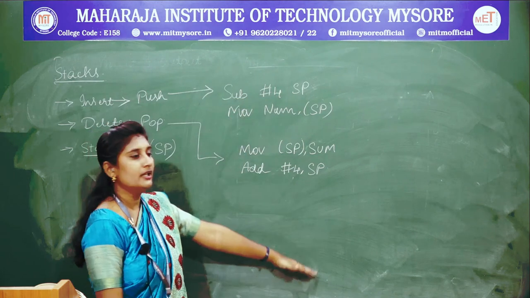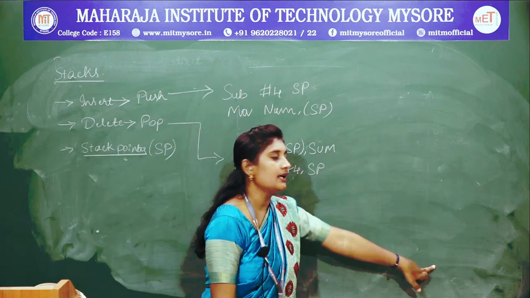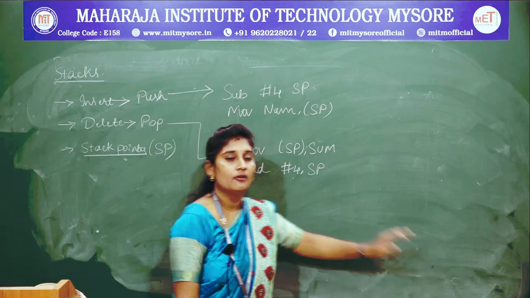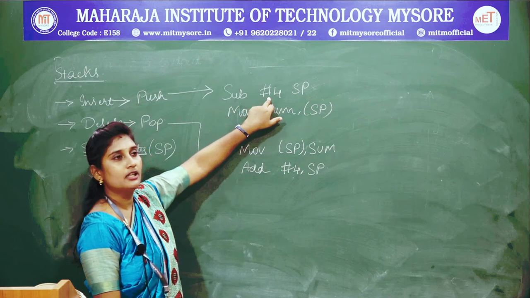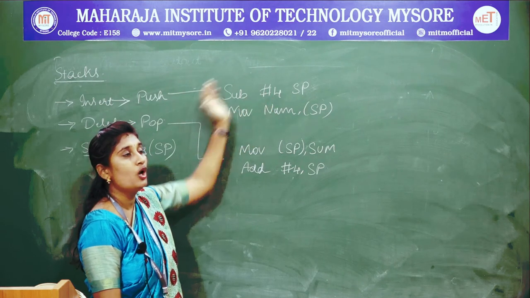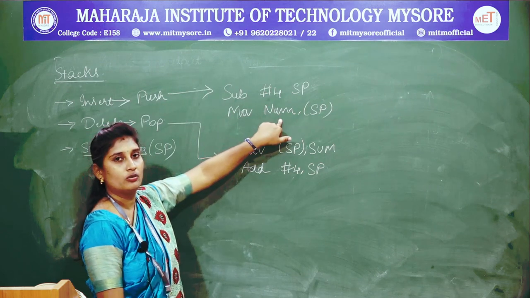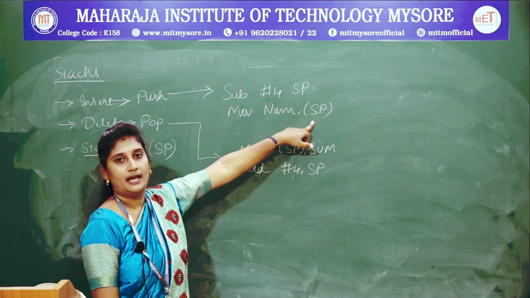That is, as I already wrote in the stack pointer memory mapping, isn't it? There it had been written as decreasing memory addressing. First what I need to do is subtract, I need to decrement my stack pointer to point to my next entity. Next I need to move my num1 to my stack pointer.